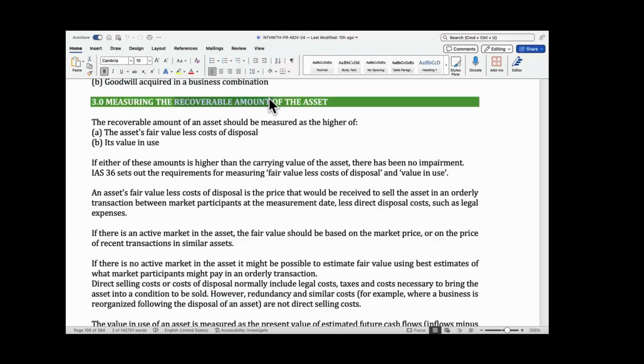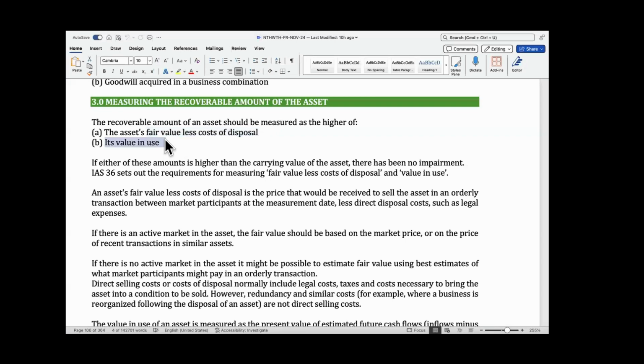But let me remind you that recoverable amount is the higher of the asset's fair value less cost of disposal and its value in use. I've already mentioned that severally. And I've told you that fair value less cost of disposal can also be called net realizable value, and it's just the market price of the asset. While the value in use is how much you can get from using the asset.